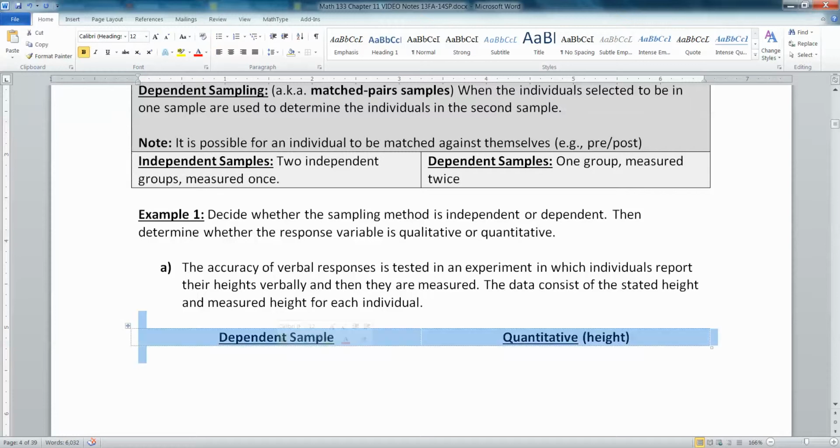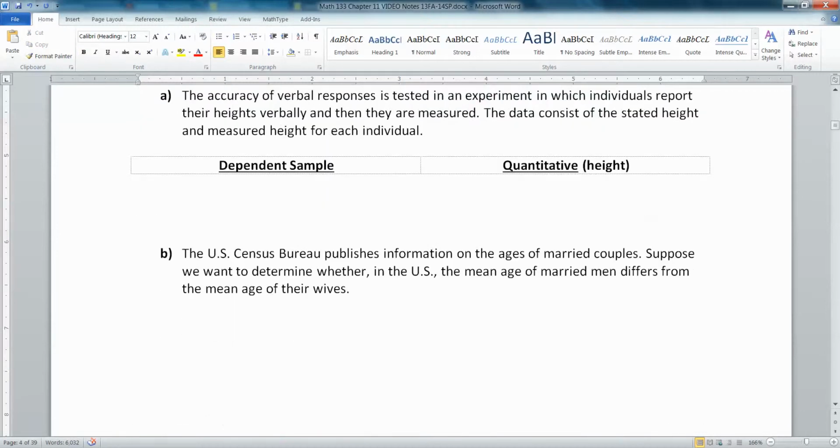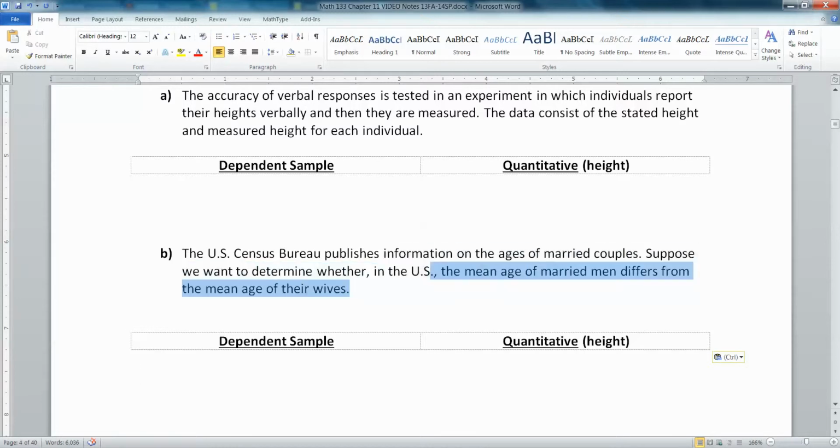All right, now what about the next one? The U.S. Census Bureau publishes information on the ages of married couples. Suppose we want to determine if the mean age of married men differs from the mean age of their wives. So you're going to get husbands and wives and figure out the ages of each. Well, that's a dependent sample again, and quite frankly, that's quantitative again. You're measuring people's age.